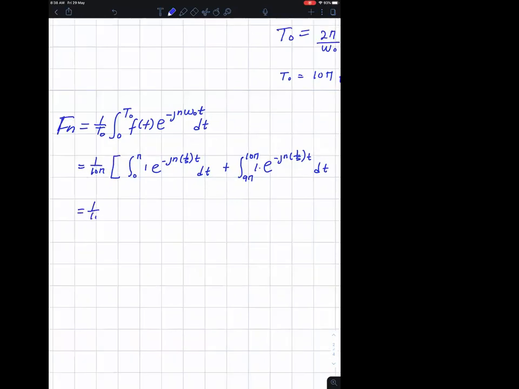So 1 over 10 pi. I'm also doing this the first time, so please make sure that I'm doing it right. So integrate this.